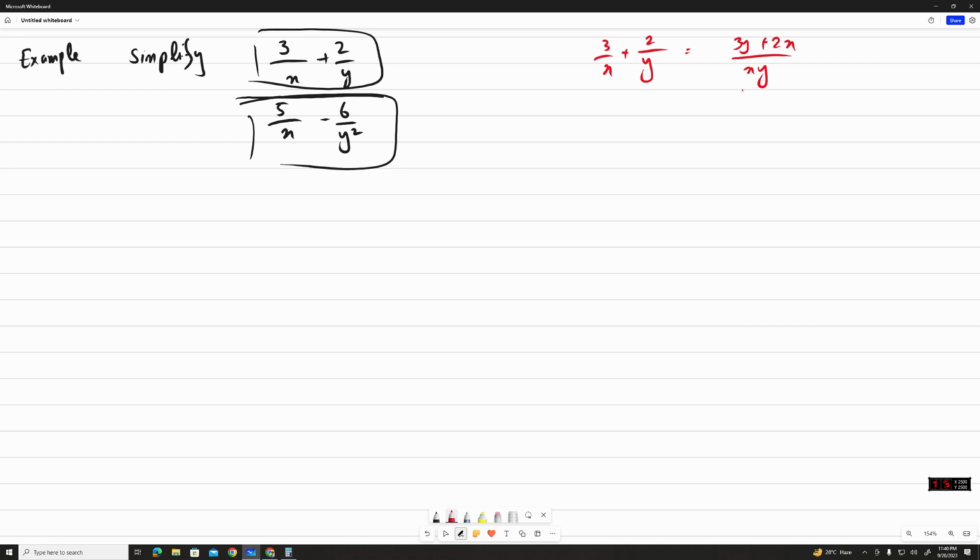So now in my line above it's going to be 3y plus 2x divided by xy.